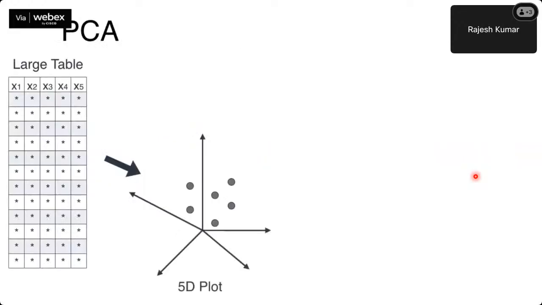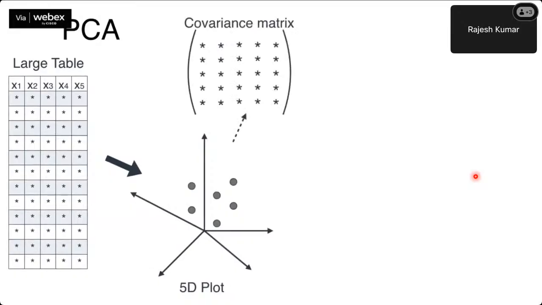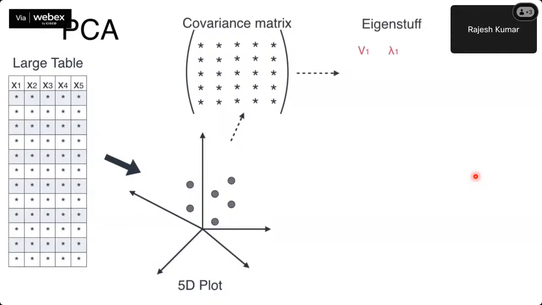Just as one example, I have this big table with 5 features. This one is very old; you'll find a lot of things later on taken from slides shared with me. What we do is develop a covariance matrix, and after that find the eigenvalues. With 5 features, the covariance matrix will be 5 by 5, and there are 5 eigenvectors.